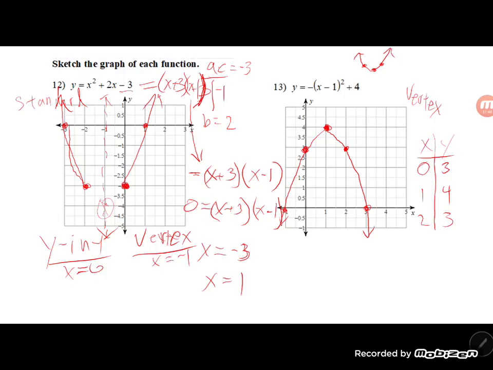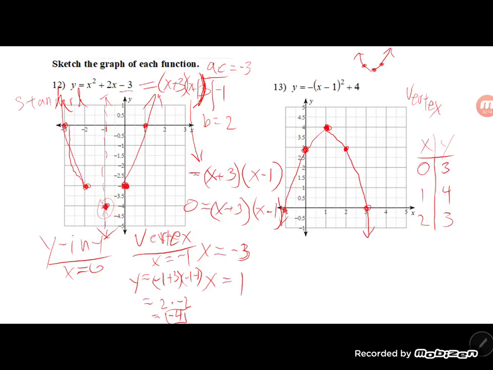So I'm going to plug in negative 1 to find my vertex. y will be equal to negative 1 plus 3 times negative 1 minus 1. That will be positive 2 times negative 2, which is equal to negative 4. And lo and behold, our vertex is right there.